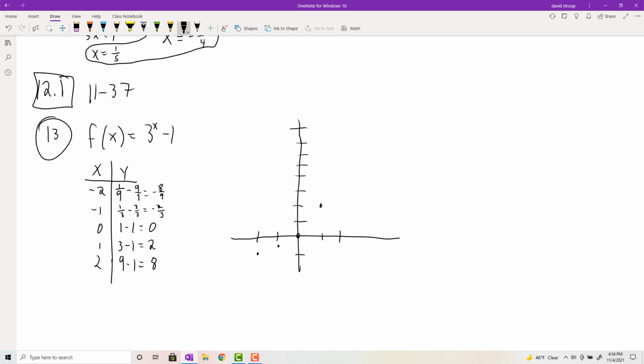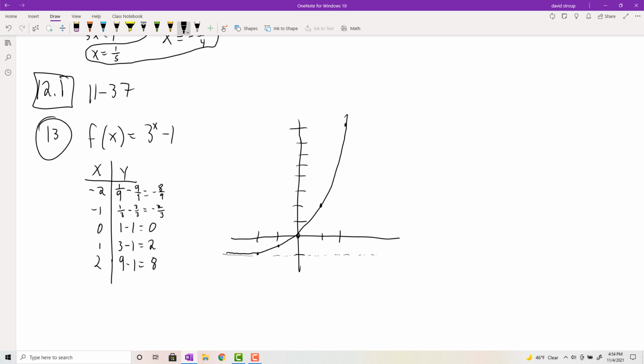At 2, it's 8. So these things should look like ramps, and they have horizontal asymptotes. The horizontal asymptote for this guy is at negative 1. So it kind of levels off there, right? It'll level off there, and then it shoots up.